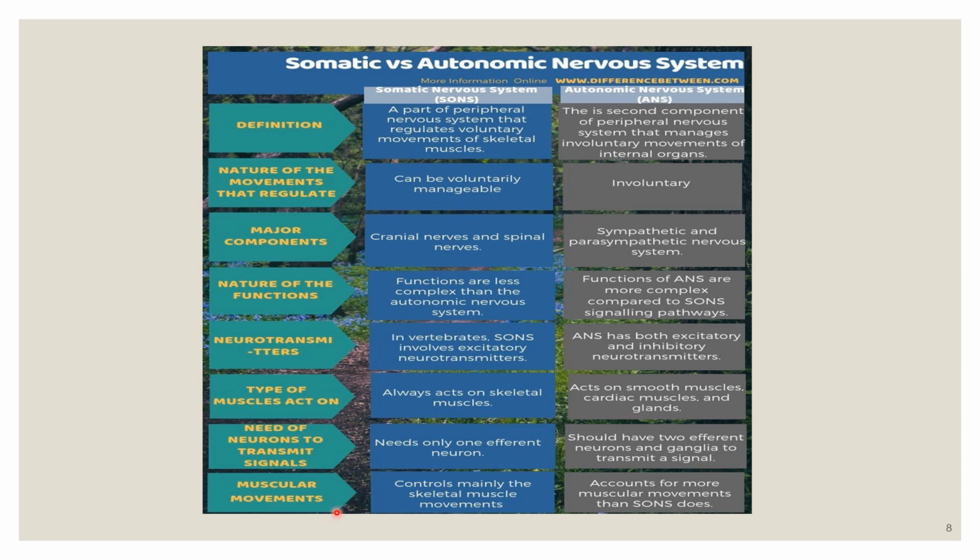Coming to the muscular movements, somatic will control mainly the skeletal muscle movements, whereas the ANS accounts for more muscular movements than the somatic nervous system. That is, it is acting through smooth muscles, cardiac muscle and glands.